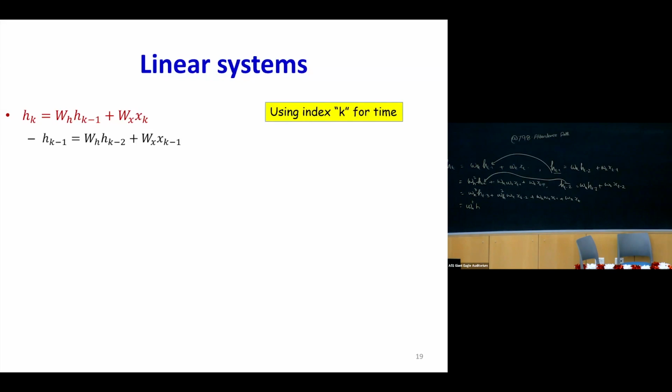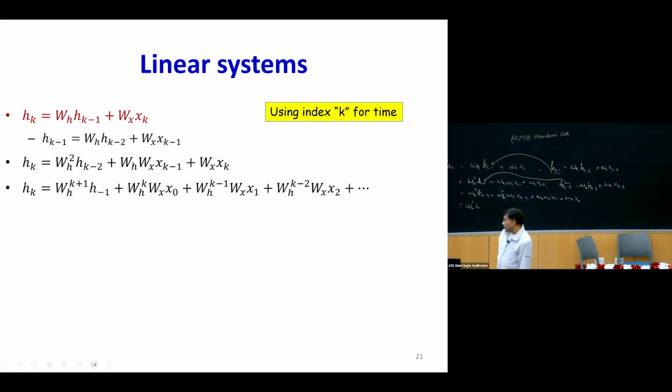Does everybody see how we expanded that? So without further ado, that's what it's going to look like. If I'm looking at the kth output, I used k instead of t over there. It's going to be W_h raised to k plus 1 of h_{-1}, which is the initial recurrent value.